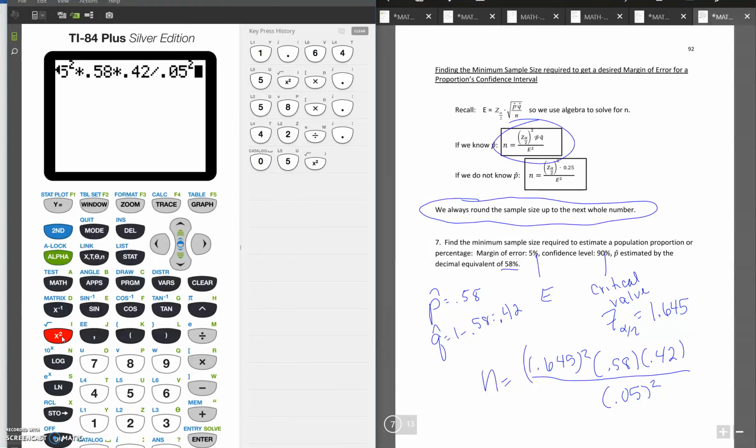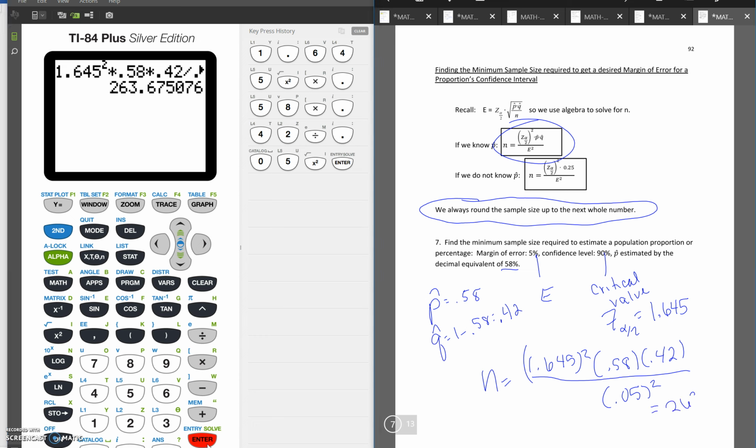And since this is all just multiplication and division, you don't have to worry about parentheses. So this gives us 263.7, so we would round up to 264 people is what we would need to sample.